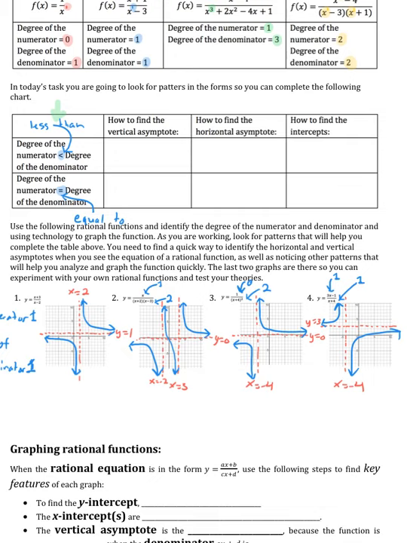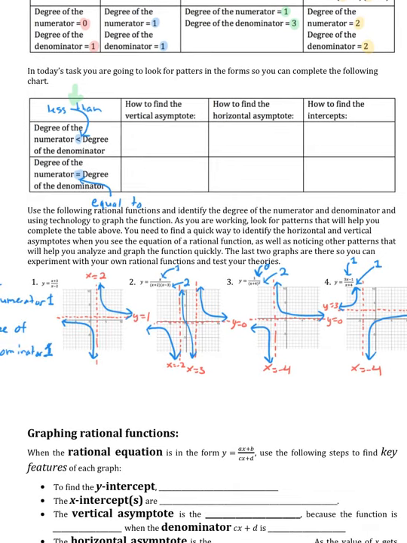So whether the degree of the numerator is less than the degree of the denominator, or the degree of the numerator is equal to the degree of the denominator, you're going to set the denominator equal to 0 and solve for x.